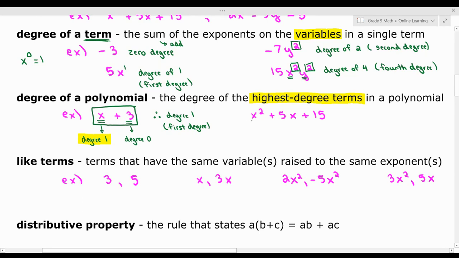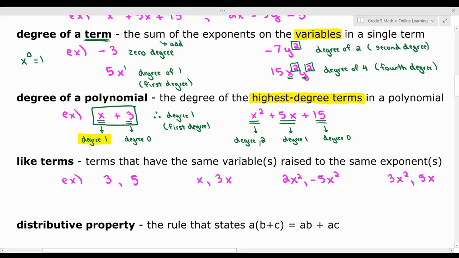Second example, again, there's 3 terms. So I'm going to look at degree of this term first. The exponent's a 2, so this has degree 2. This term, the exponent's not there, it actually implies a 1. So this is degree 1. This term is a constant, there's no variable, so constant always, always, always has degree 0.